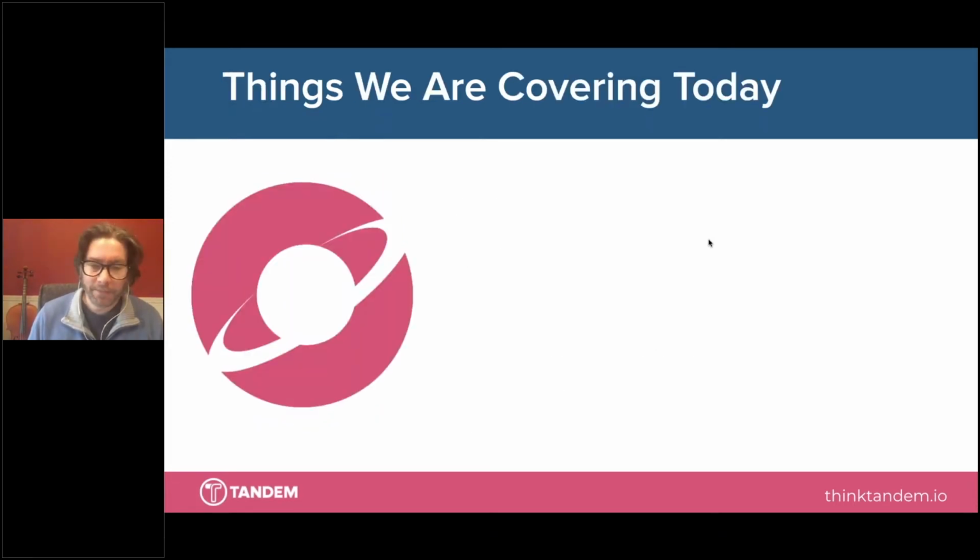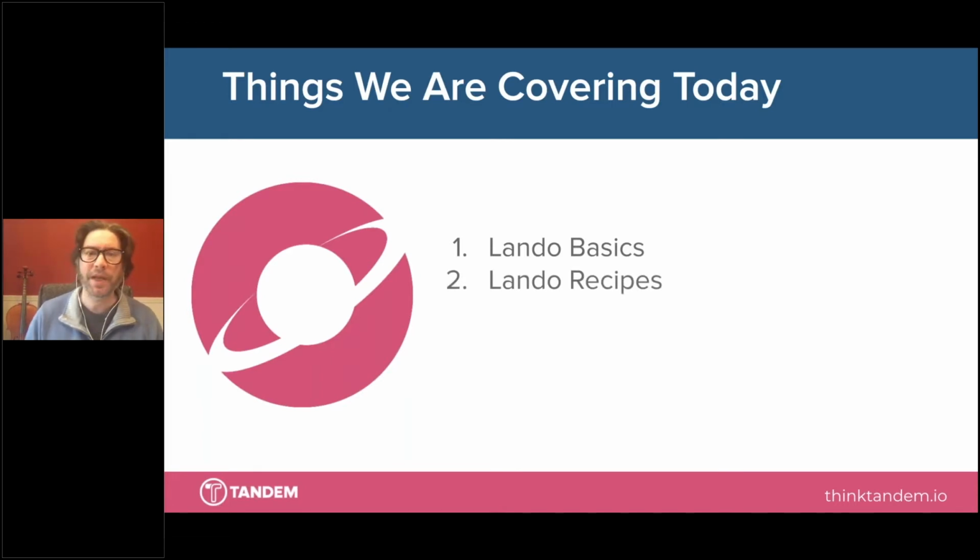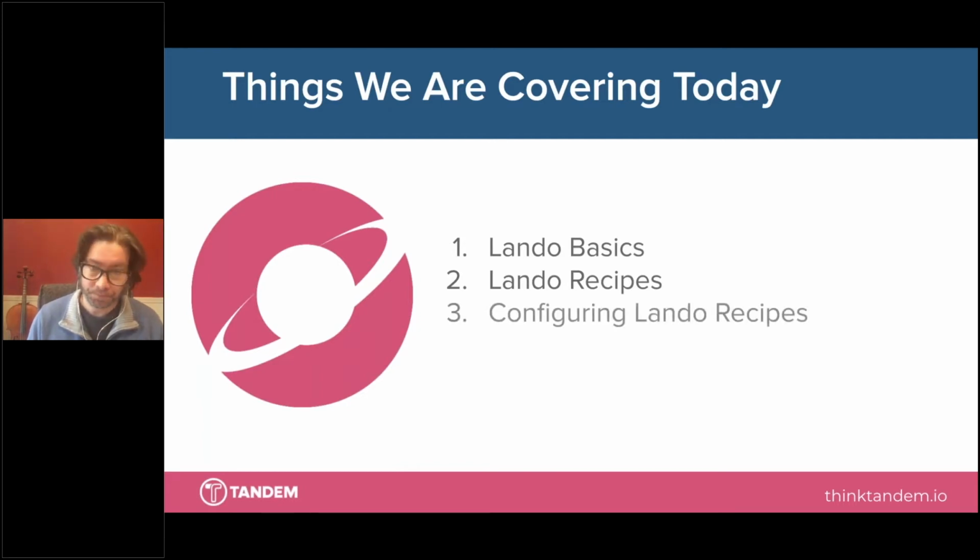Things we're covering today: Lando in general, Lando basics, how to get started, spin up your apps, Lando recipes. So we have these pre-configured recipes that will work with things like Drupal, Backdrop, Laravel, and so forth.